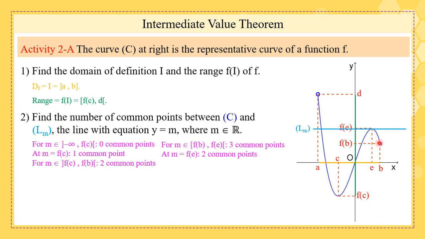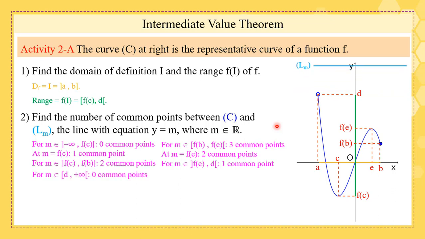Then at m equals f of e exactly, we have two common points. And from f of e to d, we have one common point. And finally, when m belongs to d closed plus infinity, we have 0 common points.